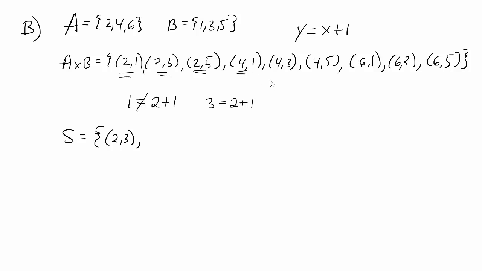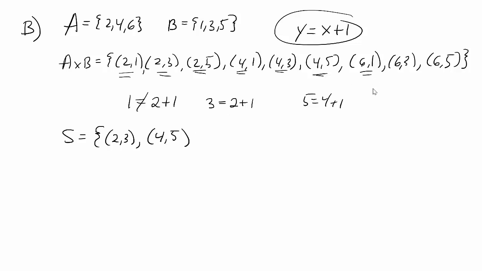This isn't going to be in there either. In order for this equation to be true, y would have to be 1 more than whatever x is. This one would work, right? So that would be y equals 4 plus 1. Is this one in there? No. And is this last one in there? No, because 5 does not equal 6 plus 1. So we only have 2 ordered pairs in this relation.